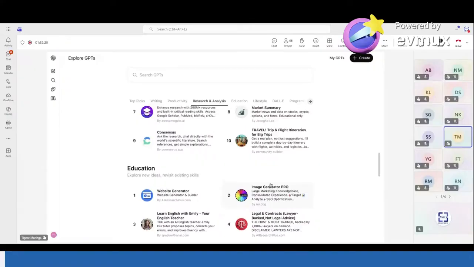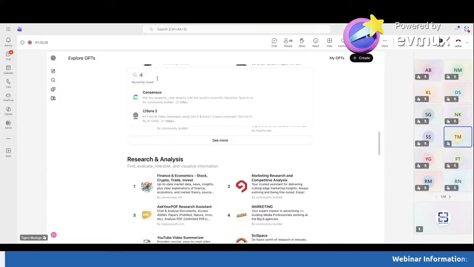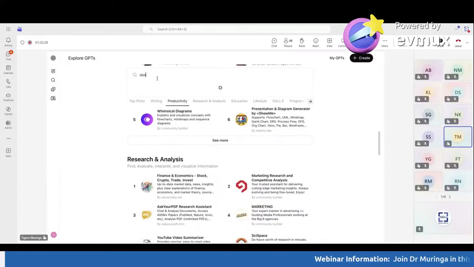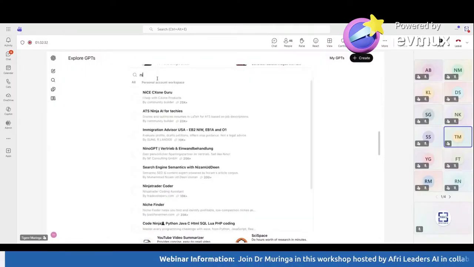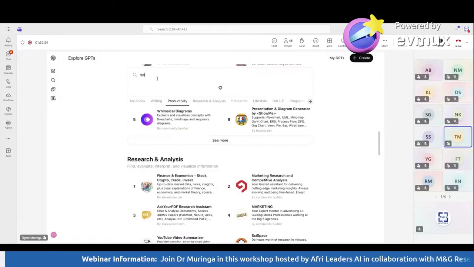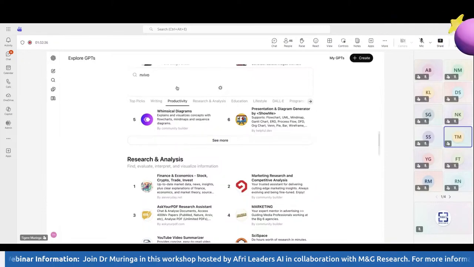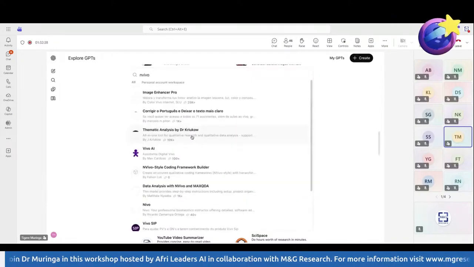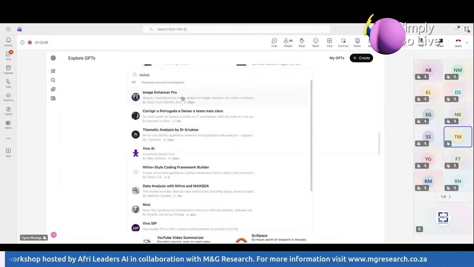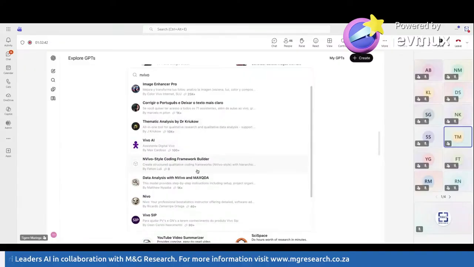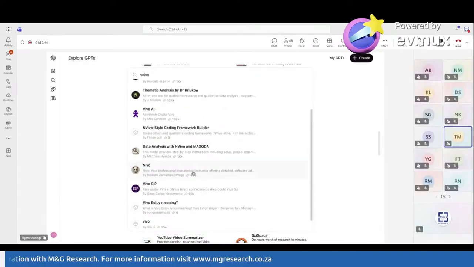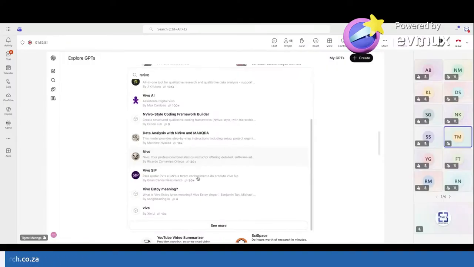So you might want to look for NVivo, our common one. Let's see if we have NVivo. We don't have it. Oh, there is an NVivo, a professional instructor offering detailed software guidance, but no, this is not NVivo.